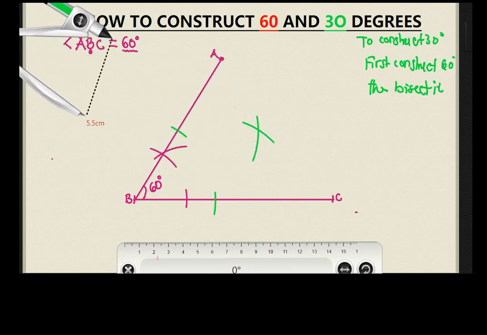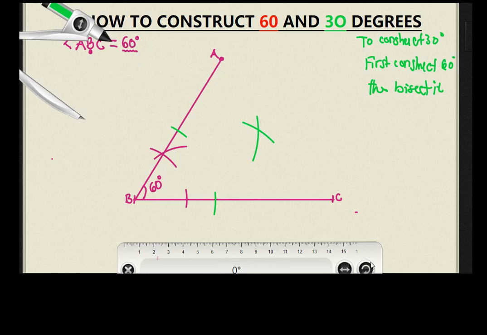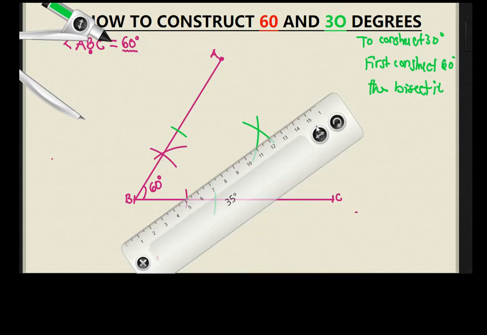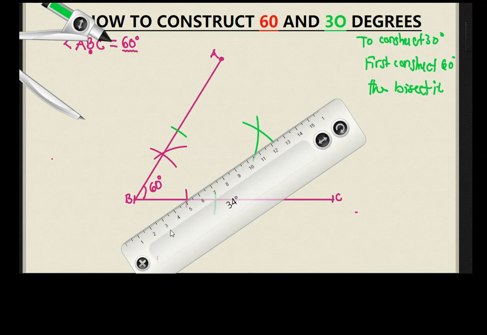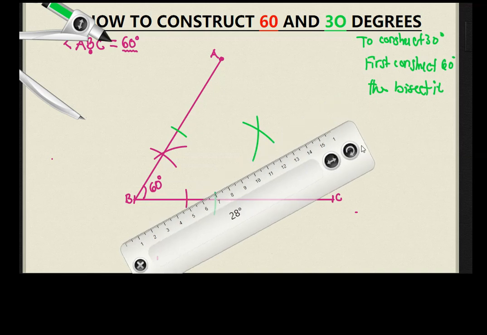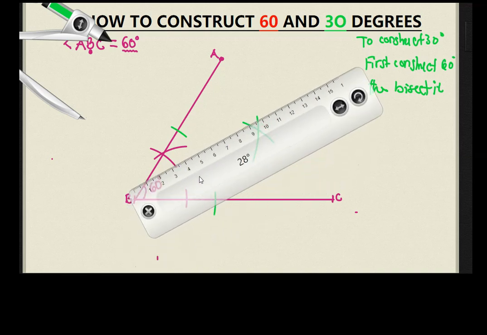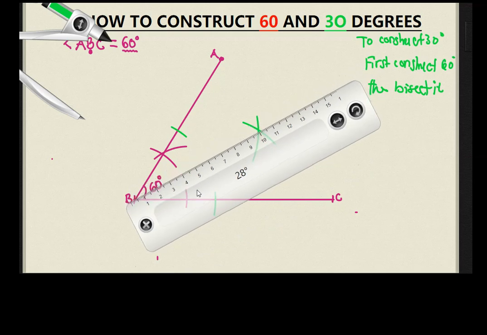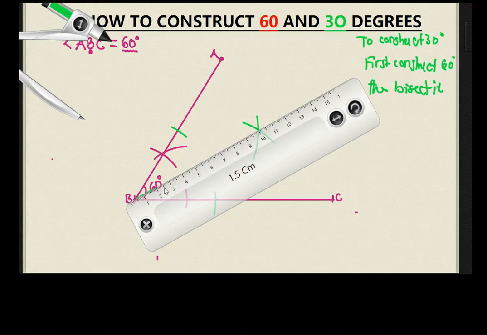Now after I've done this, I can now use my ruler to draw a straight line joining the point B and the point of intersection. Ensure that I'll adjust it properly. Then now I'll draw a straight line like that passing through the point of intersection.